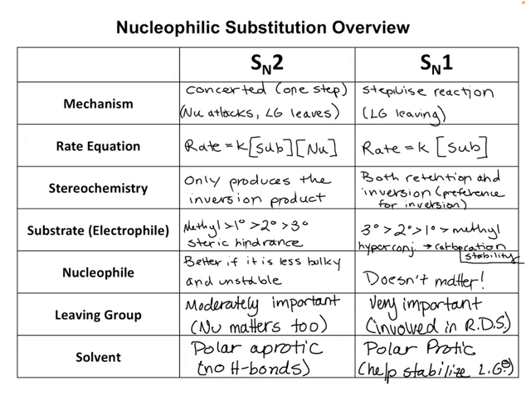And if you do have any questions, just let me know. But I'm also going to post a video kind of going over a couple of those problems so you can get started. But definitely use this table as a guide. This will help you figure out if you have an SN1 reaction or an SN2 reaction. All right, so I will see you in the next video.